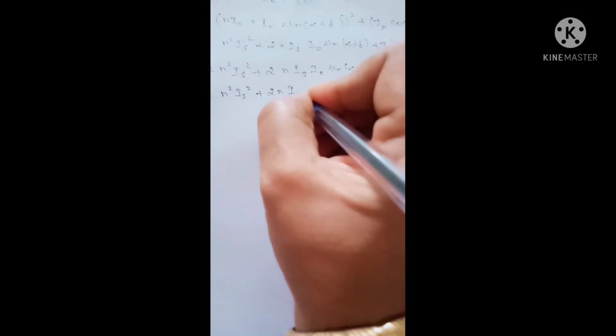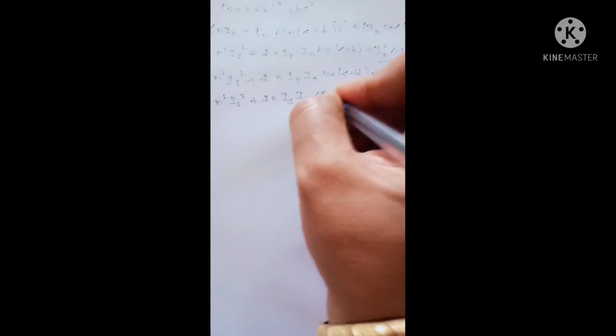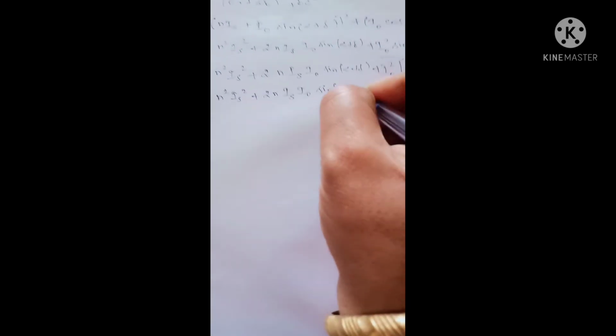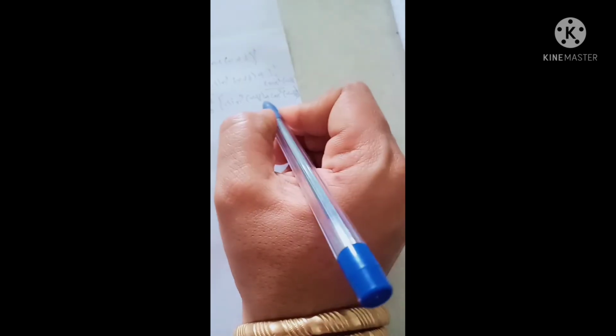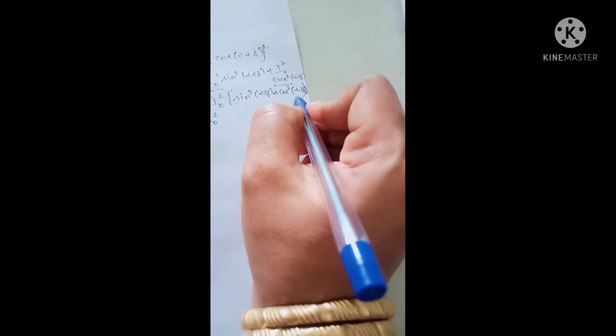So Ip square is n square Is square plus 2nIs I naught sine of alpha plus delta plus I naught square, because sine square theta plus cos square theta will be 1, so I am replacing it by 1. So we have only I naught square.